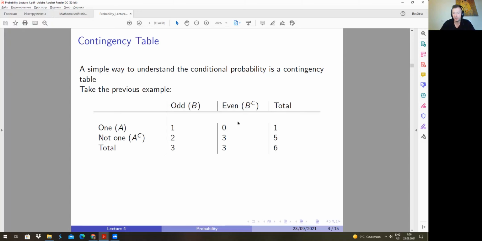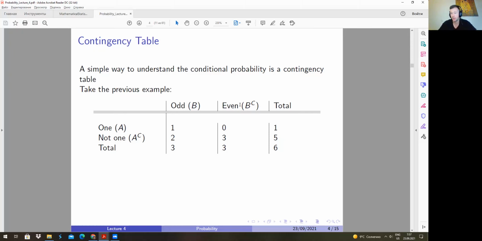Look, I built this table for the previous example, and I calculate how many elements I have under each intersection of two events. So in columns I have odd and even numbers, B and not B, and total. And in rows I have 1 and not 1, so A and not A, and also total.